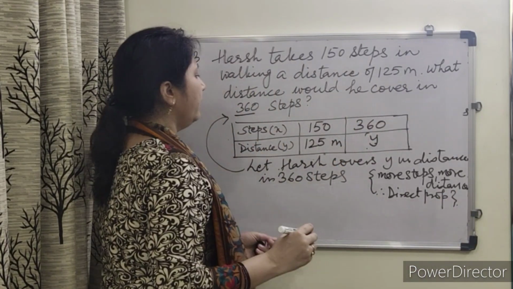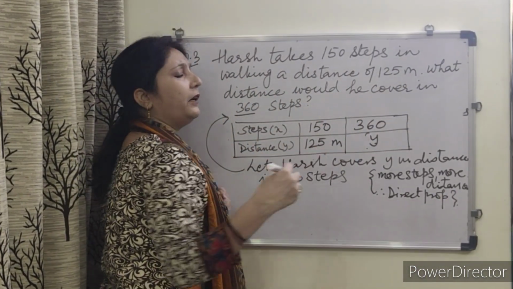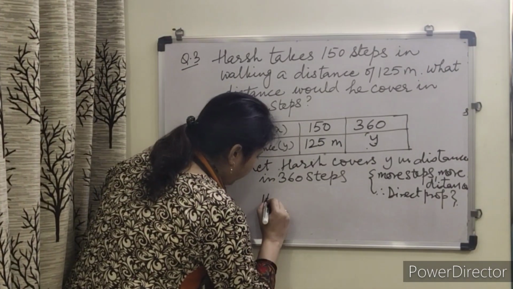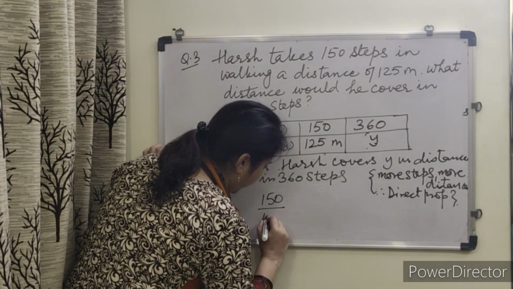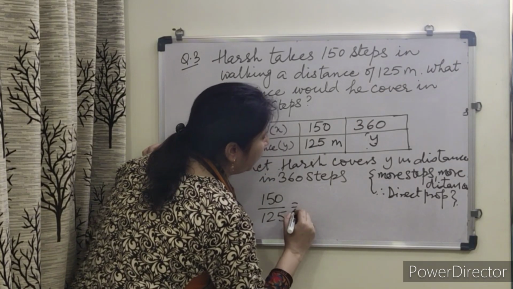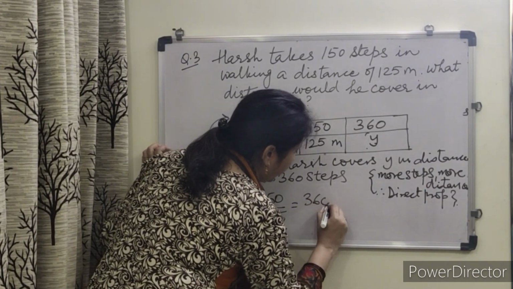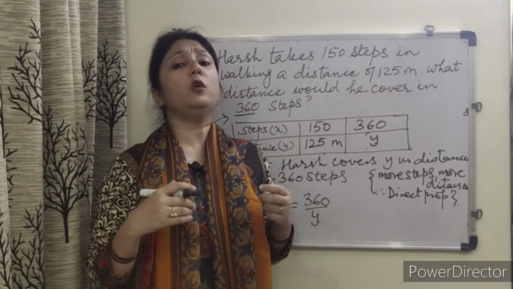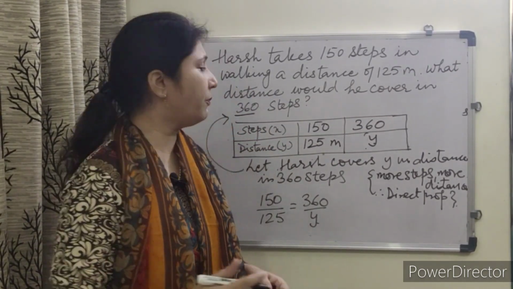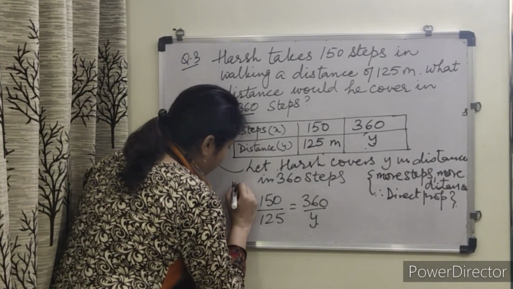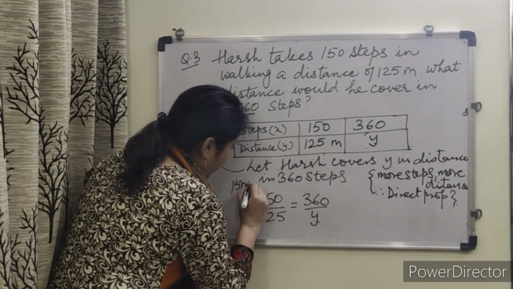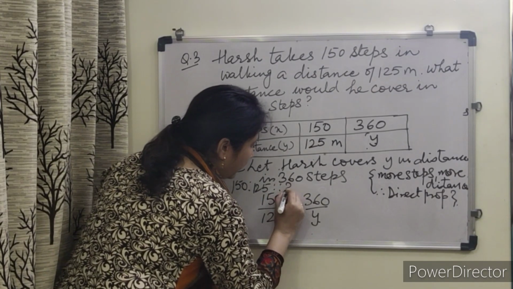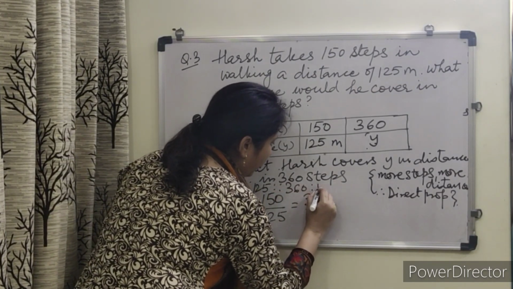Now we write that in direct proportion, the ratios are constant. So 150/125 equals 360/y. Or if you want to make use of the concept of proportion, you can write 150 ratio 125 proportion 360 ratio y.